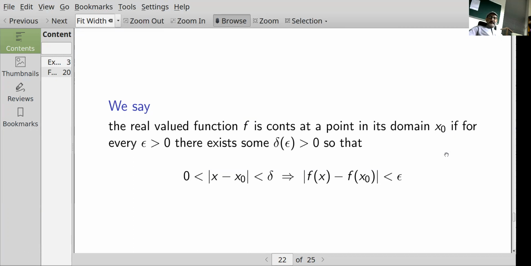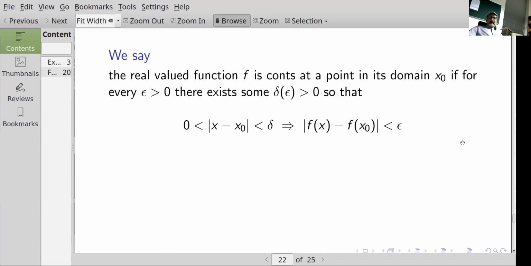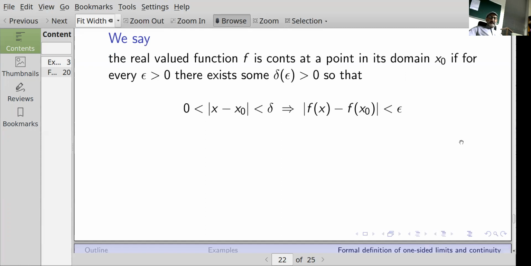So the real valued function f is continuous at a point in its domain x naught if for every epsilon greater than 0, there exists some delta dependent upon epsilon greater than 0, so that 0 less than absolute value of x minus x naught less than delta implies that absolute value of f of x minus f of x naught is less than epsilon. So once again, the L has been replaced by the function value f of x naught, because the limit value is supposed to be the function value for a continuous function.